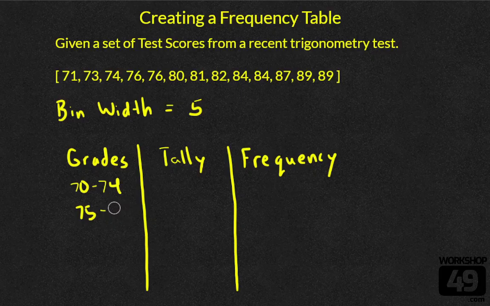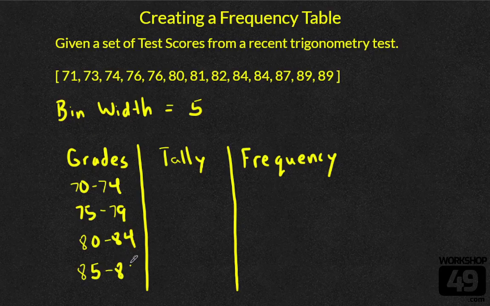I'll bring that up though. Sometimes you will see where they will overlap, such as 70 to 75, 75 to 80, 80 to 85. If you ever see one that's written like that, always remember that if it's the same number, if this had been 75 to 80 and 80 to 85, and one lands exactly on the line, it always goes into the higher bin.